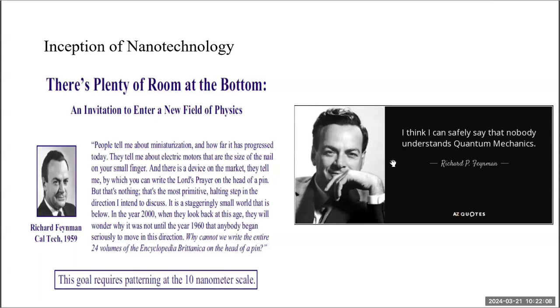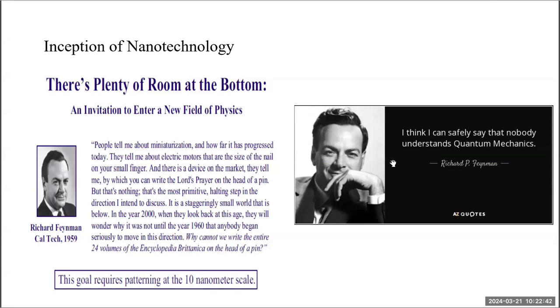So this guy actually gave the idea of nanotechnology, and he also talked about quantum mechanics, very sophisticated physics that he even said he sometimes could not explain fully. He is the one who took this idea into broad daylight and said nanotechnology can help us shrink everything into a very small space.